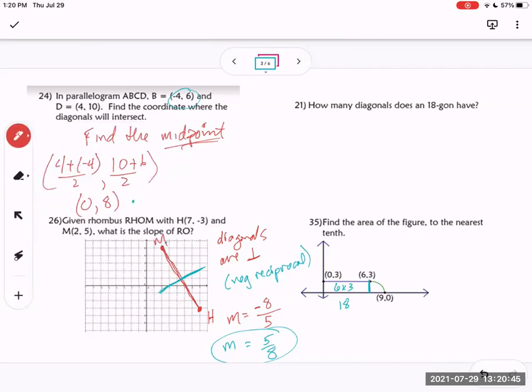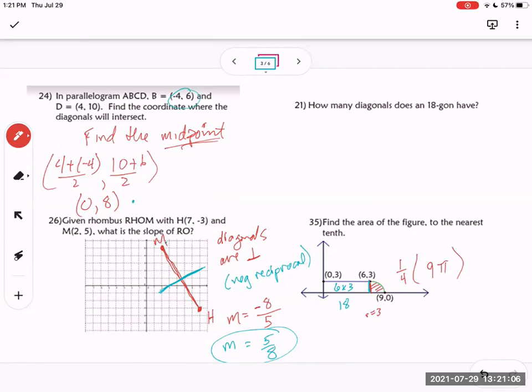Got it, everybody? And the area of this right here is going to be 1/4 of the area of the circle. And that circle's radius is 3. So the circle's area is pi r squared, so it's 9 pi.